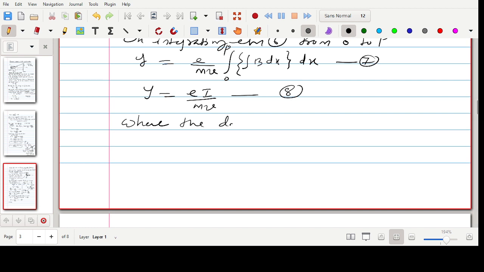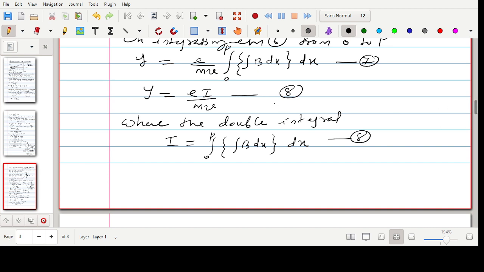Where the double integral I equals the integral from 0 to p of the integral of B dx. This is equation 8.